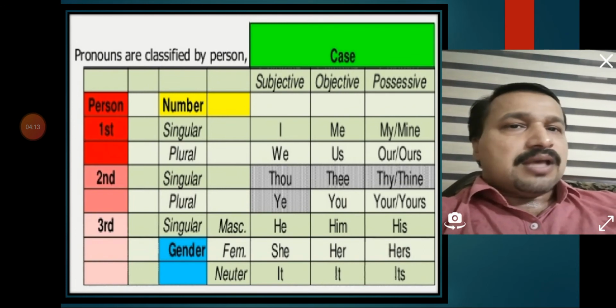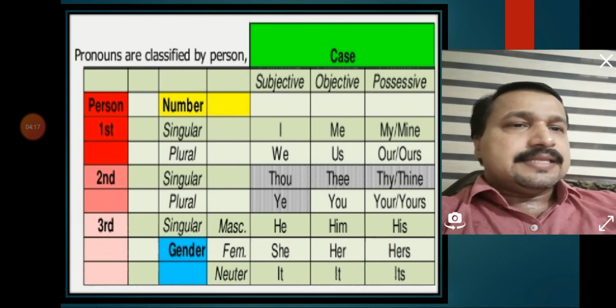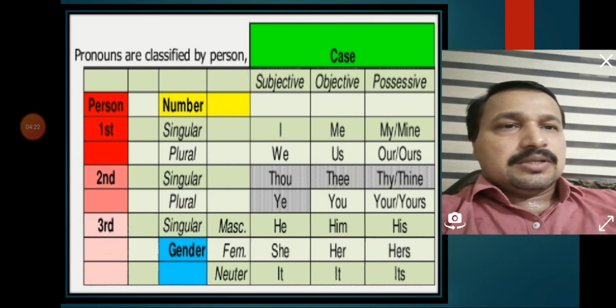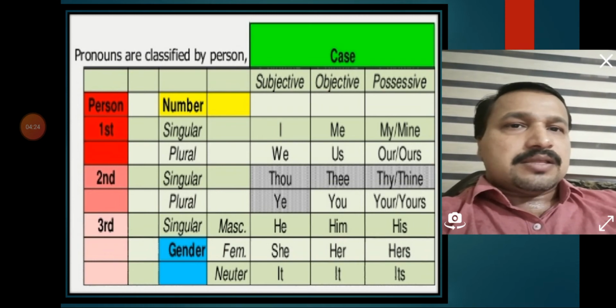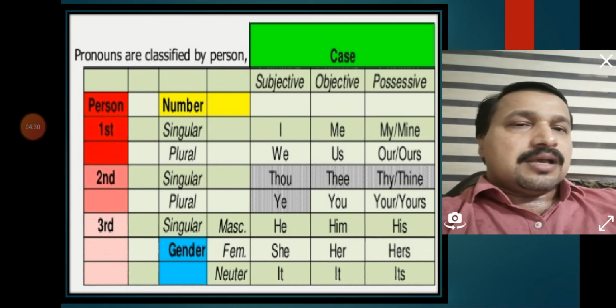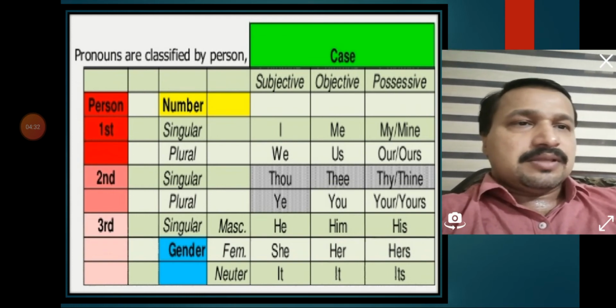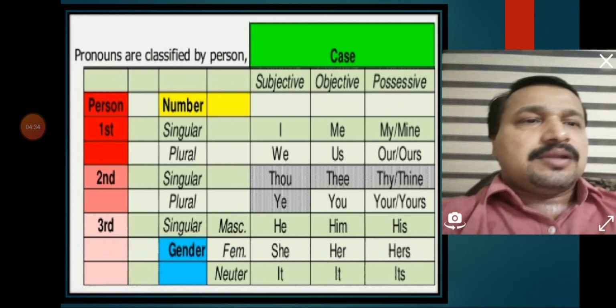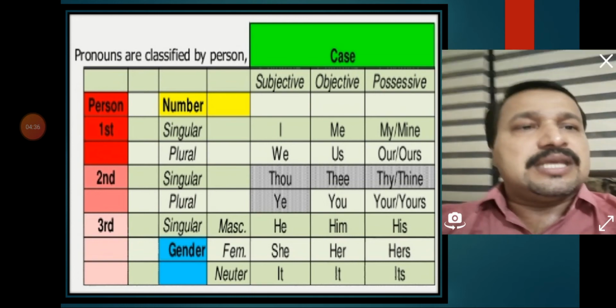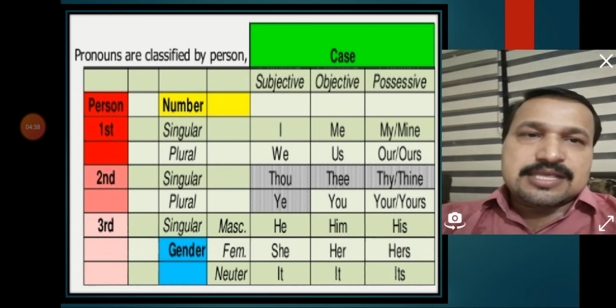Personal pronouns are classified by person, number, case and gender. They are illustrated in the same table. You can see first person I is used as singular in number. It is a subjective case. That means where a particular pronoun is used, it is considered to be its case.